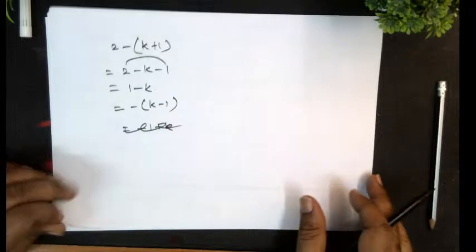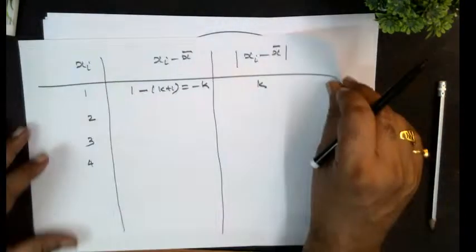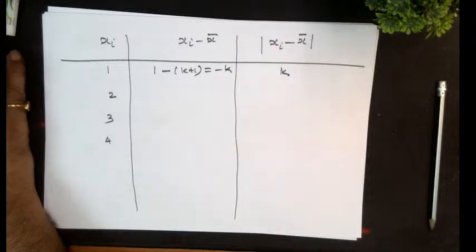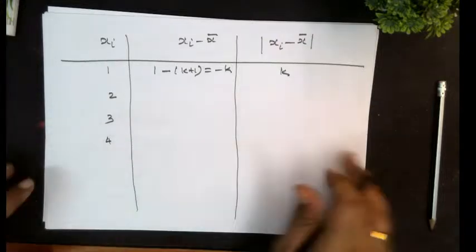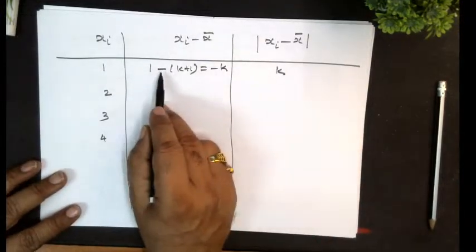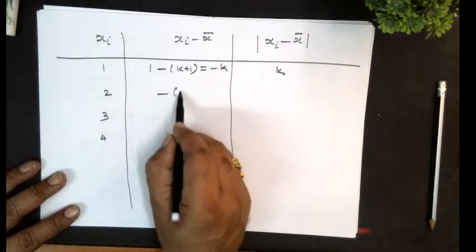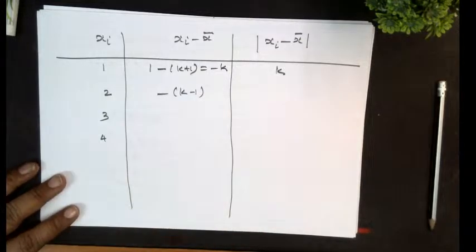So in that case, this is first 1 minus of K plus 1. Second is minus of K minus 1.